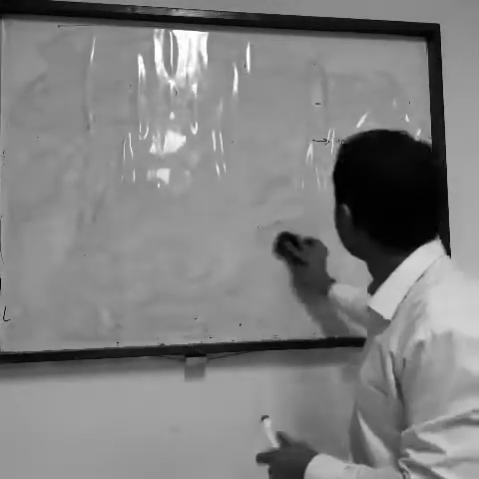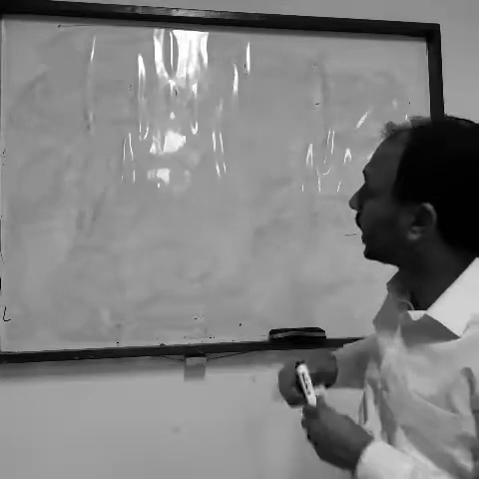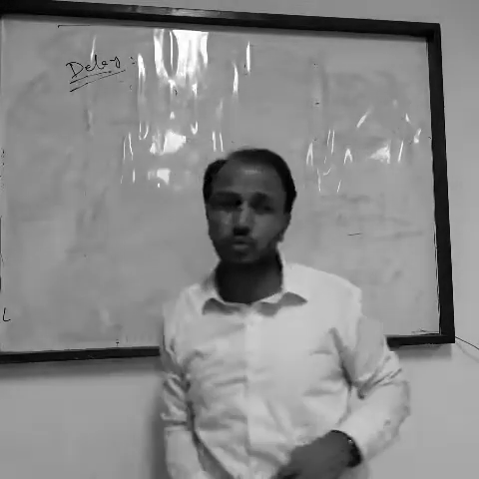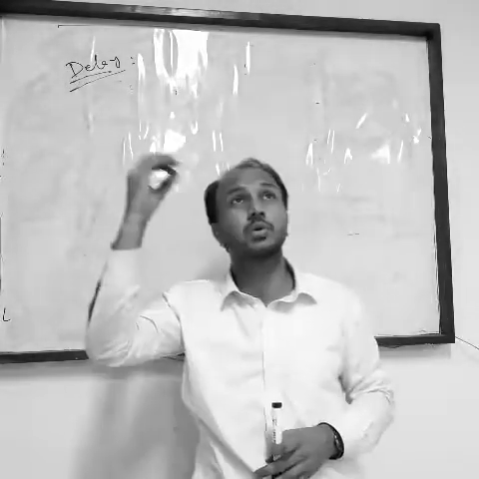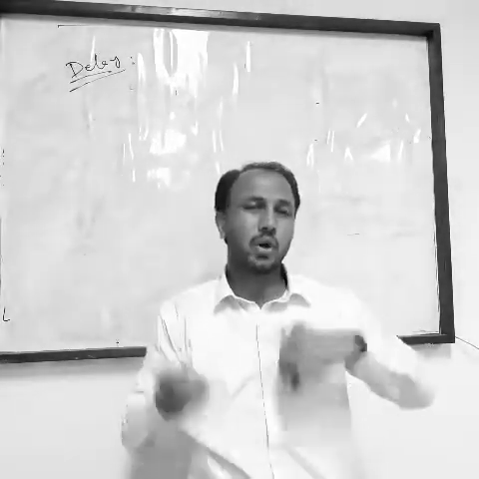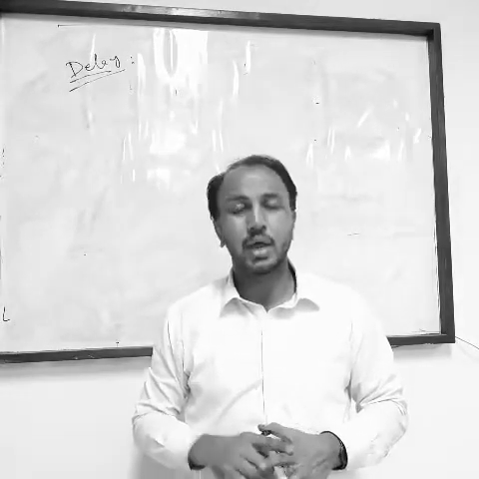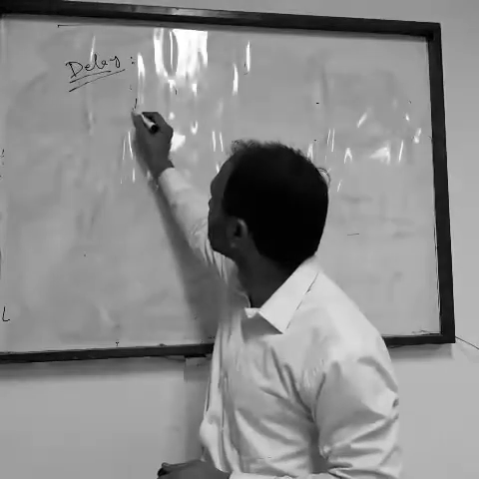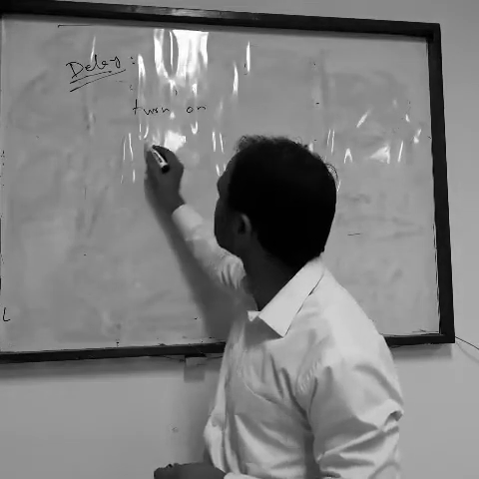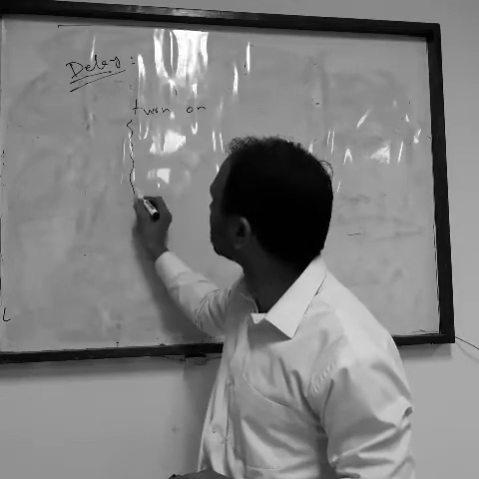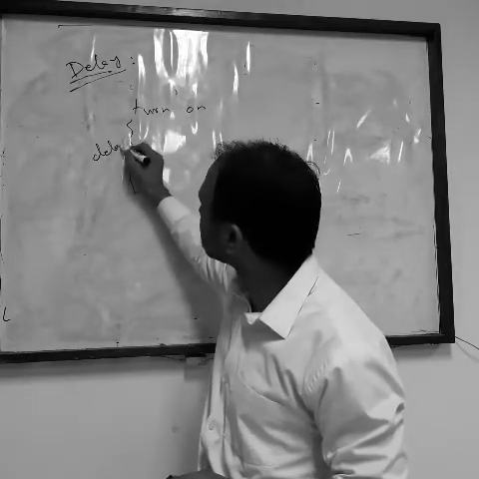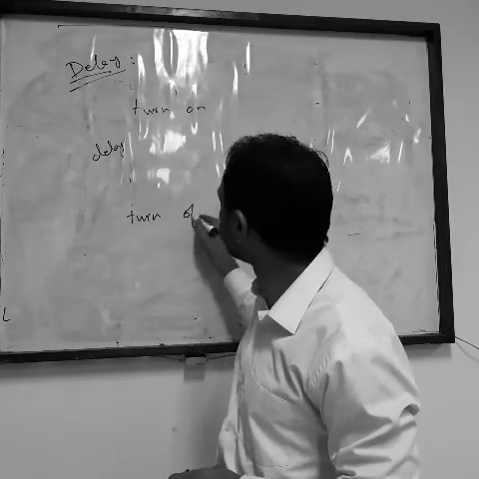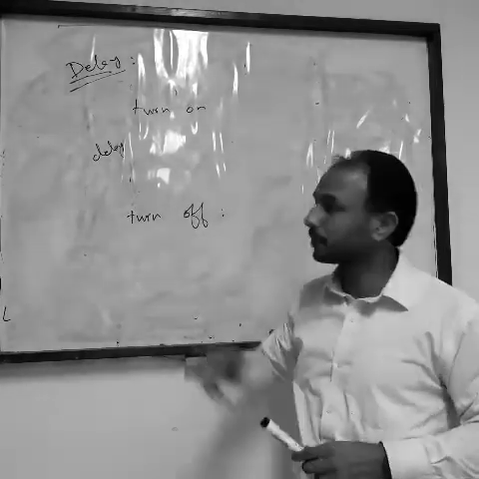For example, you want to turn on this room light and you want to turn off this room light, but after 5 seconds. How can you do it? Here turn on, then give delay, then turn off. For example, a 5 second delay.